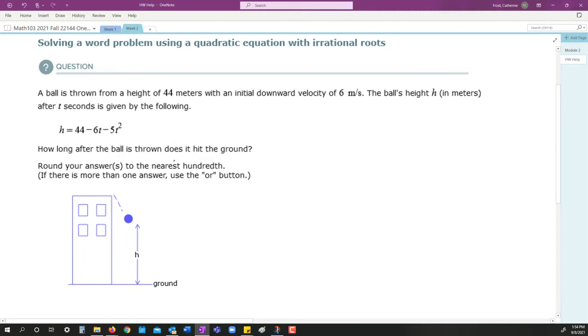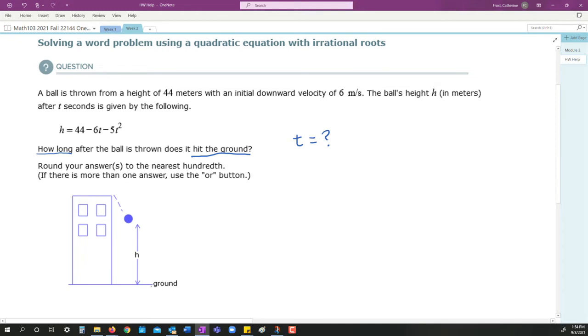How long after the ball is thrown does it hit the ground? How long is asking for time. So we're asking to find the value of t, how many seconds, when it hits the ground.